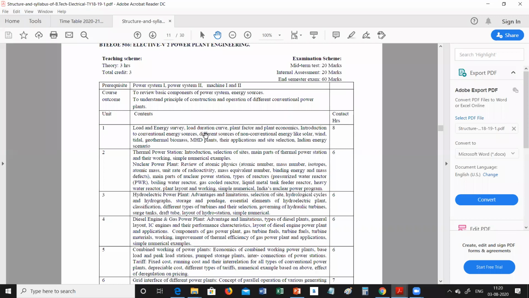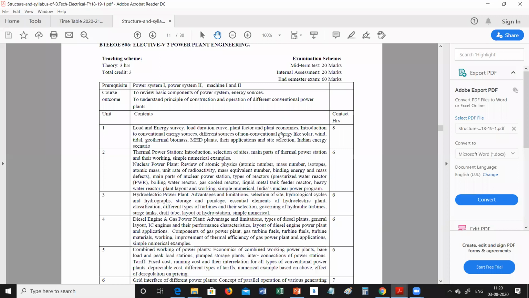After that we will see the load duration curve, and what different load duration curves there are. Then we will study the plant factor and plant economics. Various plants have different capital investment.